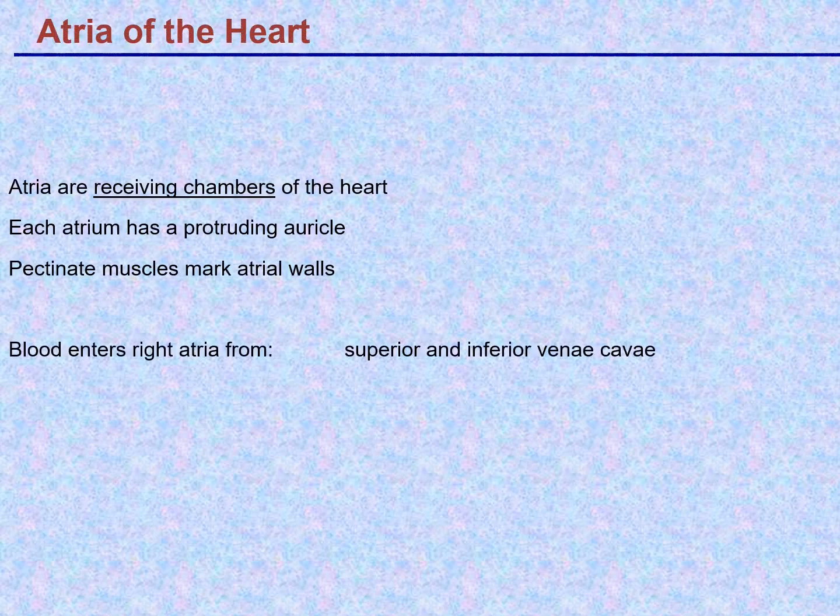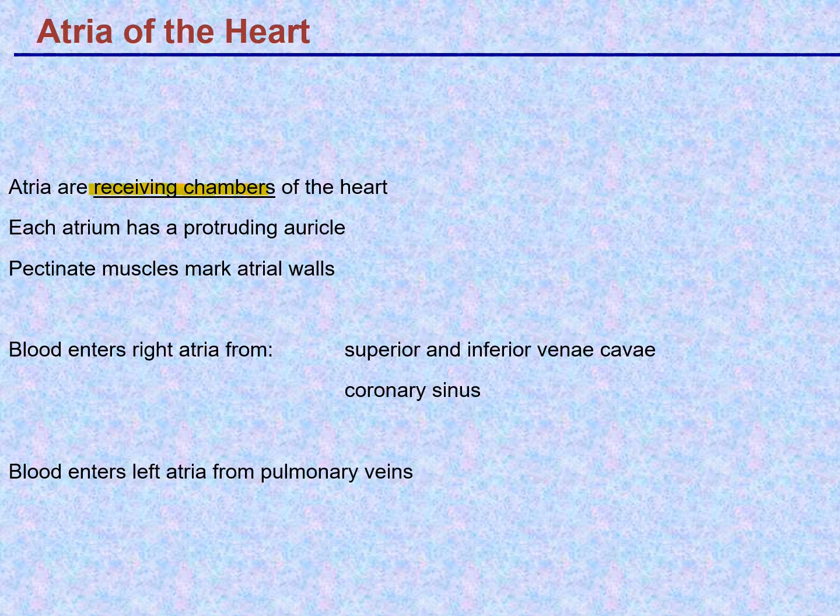The atria of the heart are really the receiving chambers of the heart. On the right side, it's receiving blood from venous return from the rest of the body, and on the left side, it's receiving fully oxygen-saturated blood from the lungs. Each atrium has an auricle.